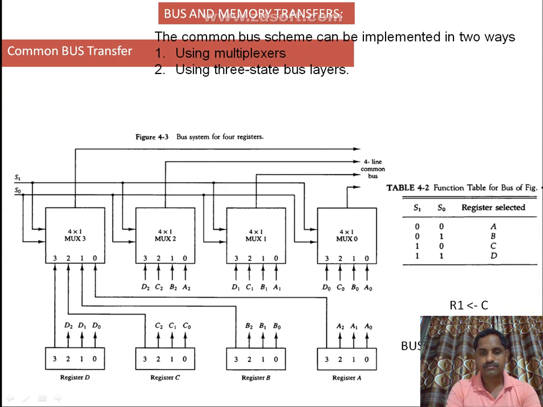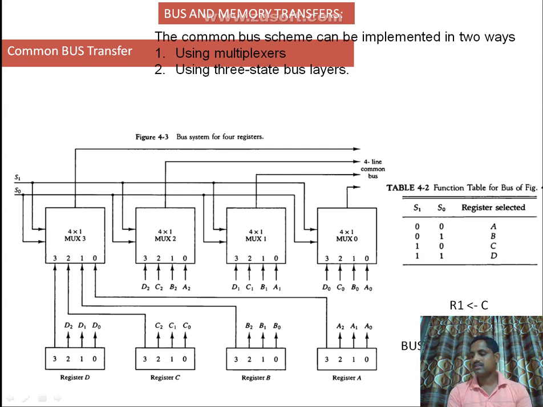See here, A0, B0, C0 and D0 connect to multiplexer 0. So whenever A0 is selected, it activates multiplexer 0. The next bit activates multiplexer 1, the next bit multiplexer 2, and the next bit multiplexer 3.